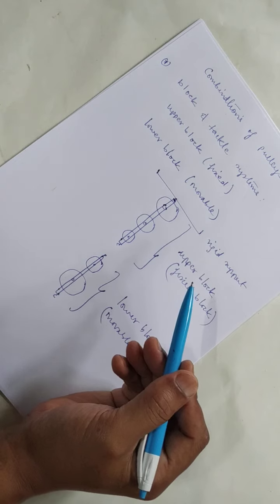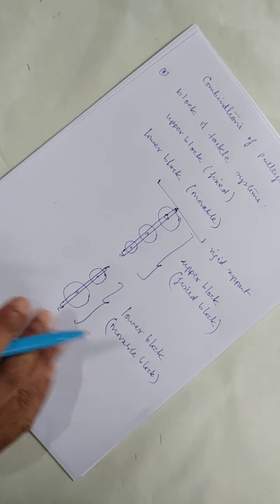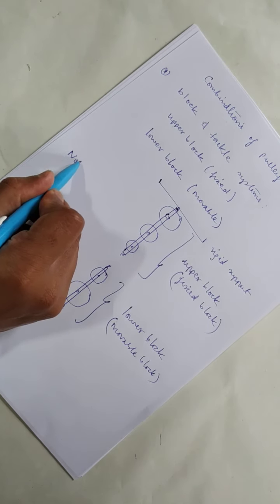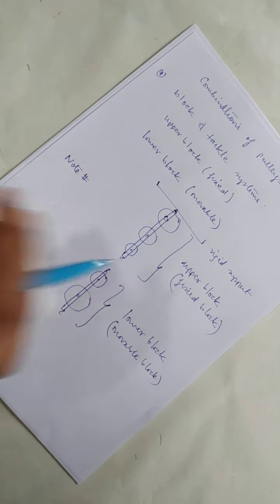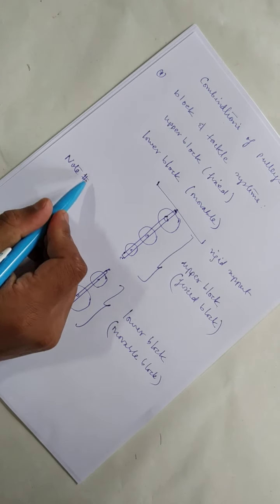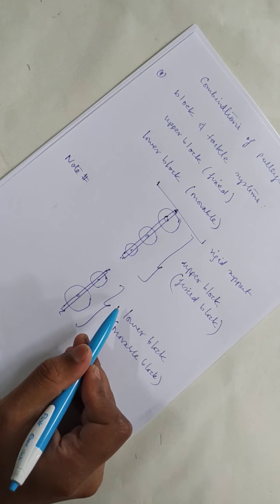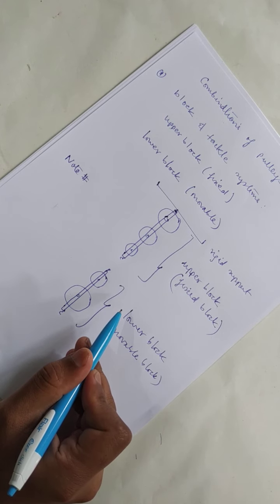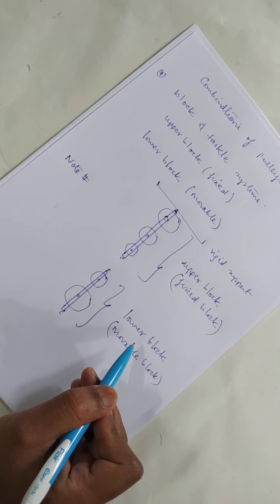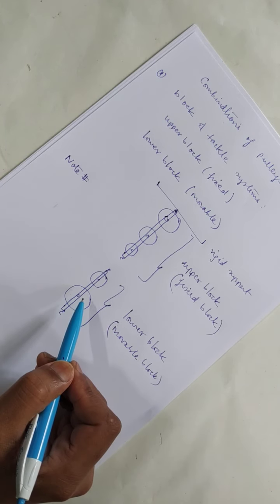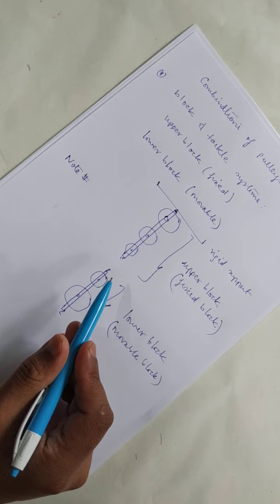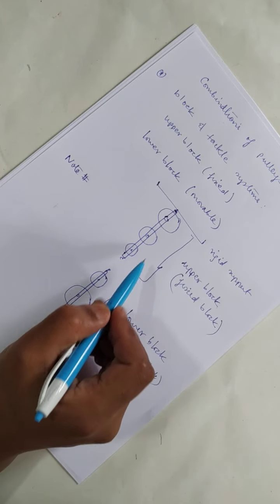Now one note you have to keep in mind, that is the number of pulleys in the lower block or the movable block is either equal to or less than the number of pulleys in the upper block.